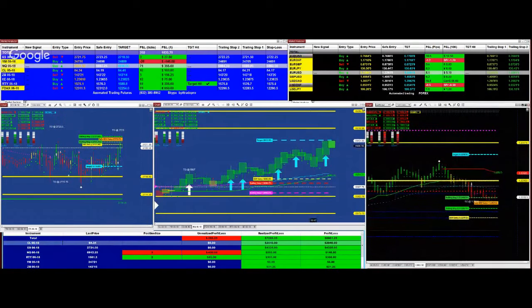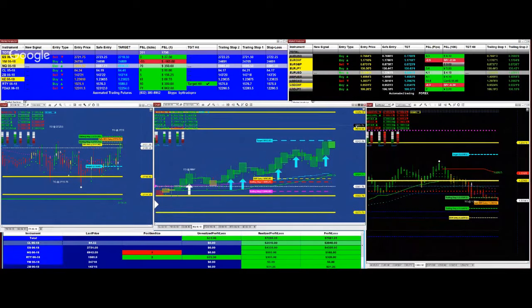Okay, now we are about to hit the target on the Nasdaq, and we hit the target on the Nasdaq. Very nice. We already hit the target on the Nasdaq, so this is pretty good.